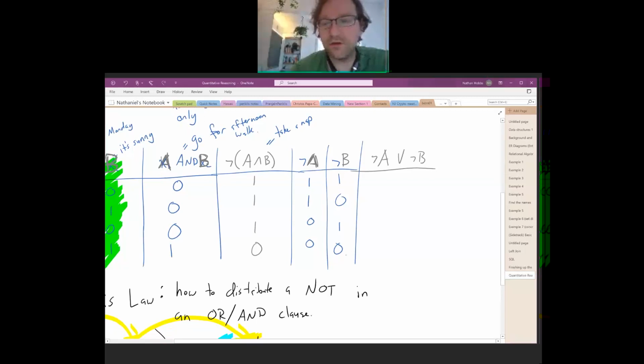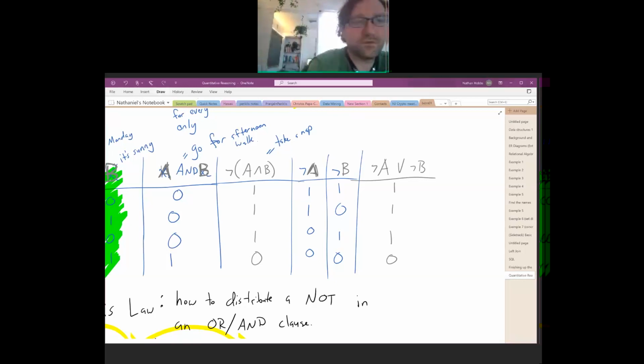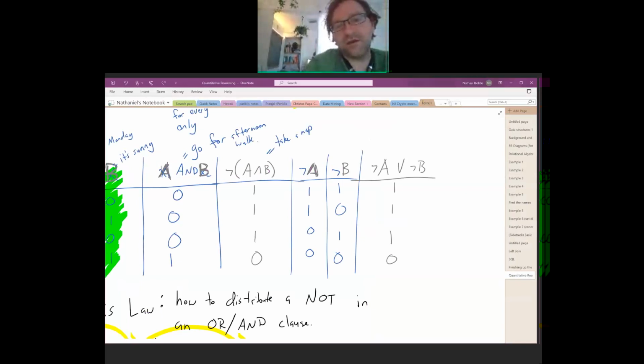If we take both of these and OR them together, 1 or 1 is 1, 1 or 0 is 1, 0 or 1 is 1, 0 or 0 is 0, and lo and behold, you'll notice this column and this column are identical.